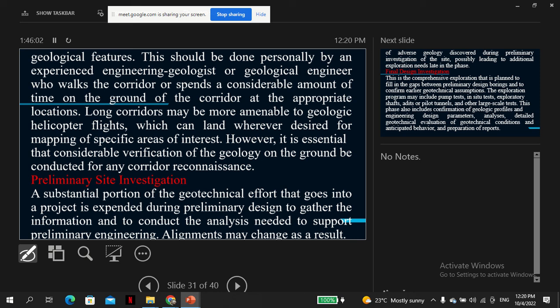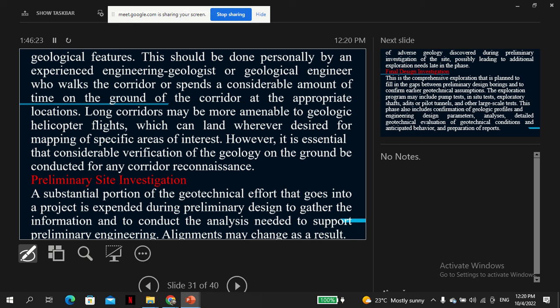Yeah. So the experienced person needs to go in person to check the salient features, the most important things, the stratigraphy, if you can examine the soil, the kind of rock, the nature, the jointing, and so on.